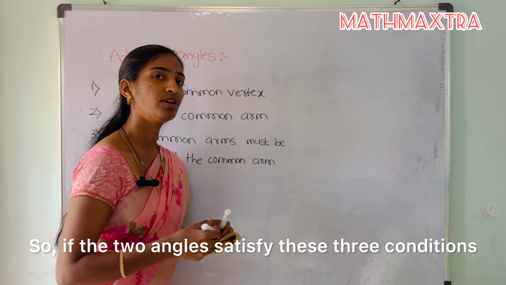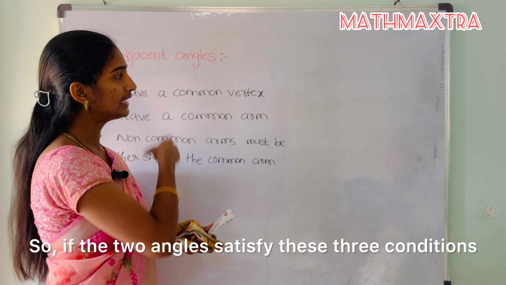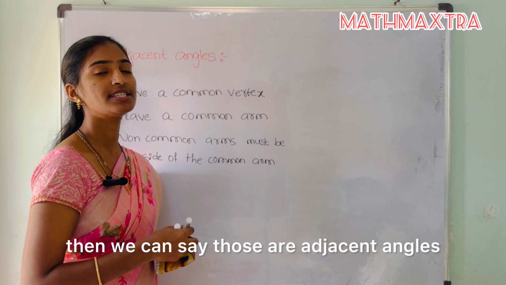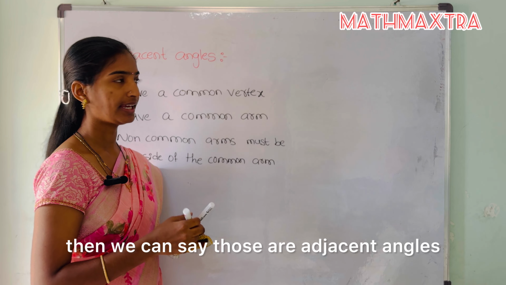So if the two angles satisfy these three conditions, then we can say those are adjacent angles.